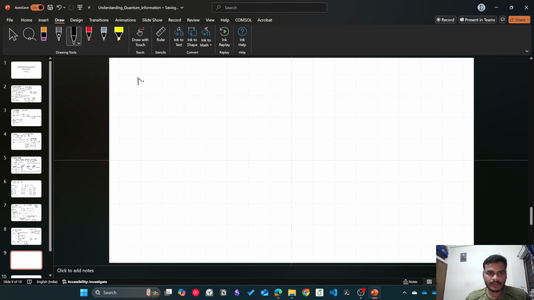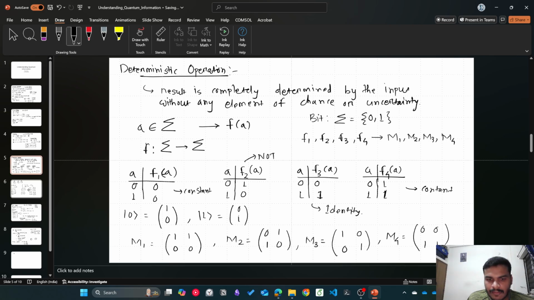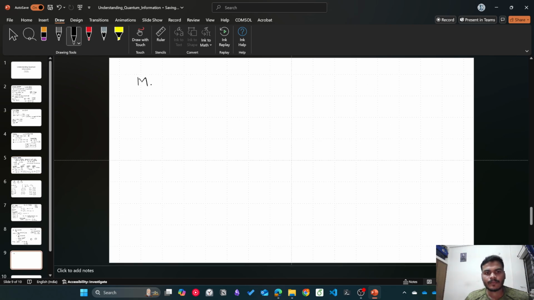So let's consider one of the matrices. Let's consider, let's say, M4, and it is, let's say, 0, 0, 1, 1. So which outer products are we going to use here? We're going to use 0, 1, 0, 0 plus 0, 0, 0, 1.